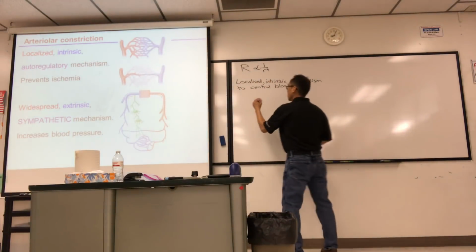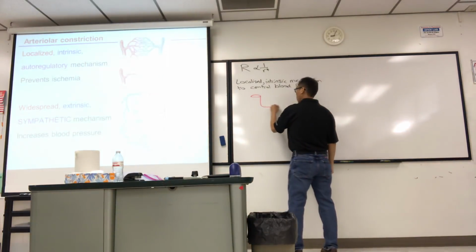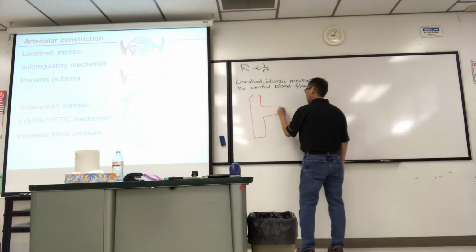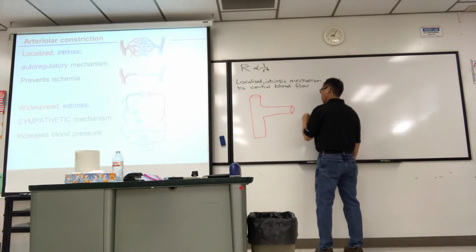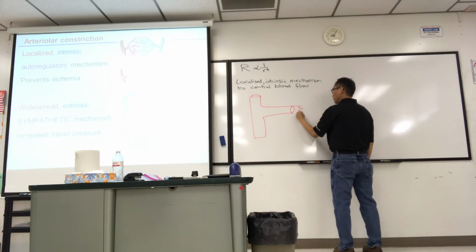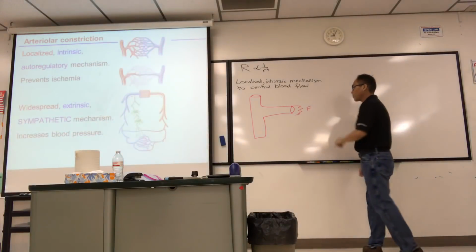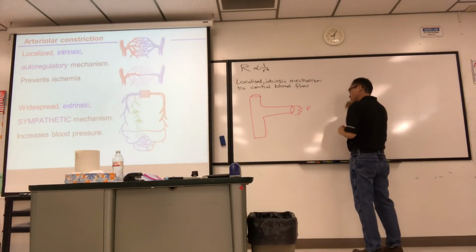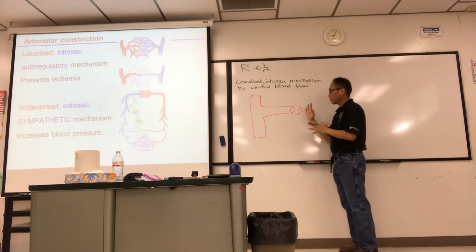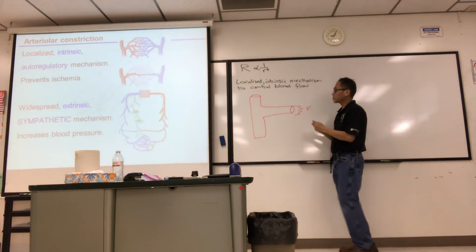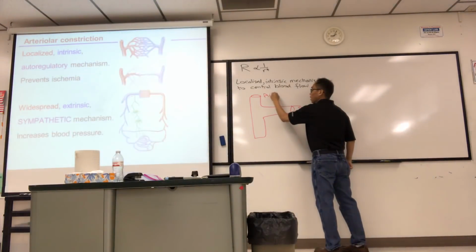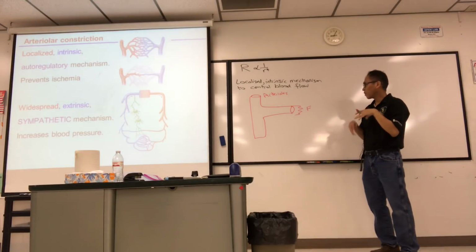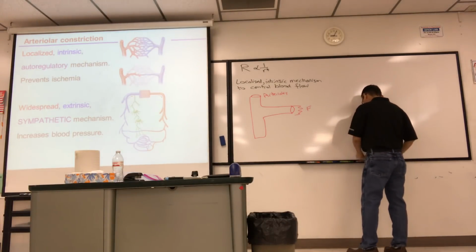And then they show a little arteriole coming off a larger one. It has a certain amount of blood flow, call it F, and it's feeding a capillary bed. And these blood vessels, these arterioles, they auto-regulate themselves. They control blood flow based on the tissue's needs.